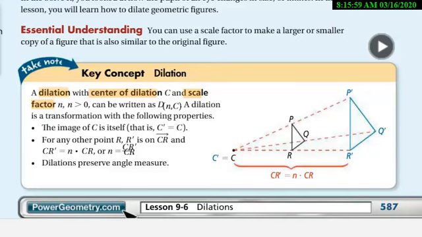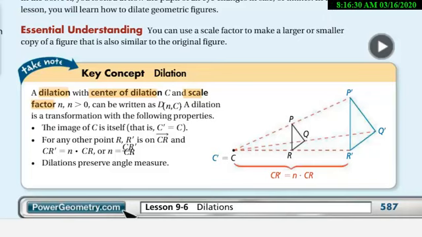If the value of n, which is the scale factor, is greater than 0 and less than 1, the dilation will be a reduction. If the value of n is greater than 1, the dilation will be an enlargement.